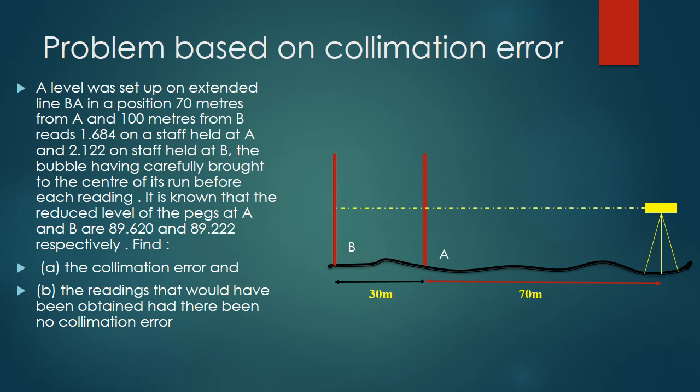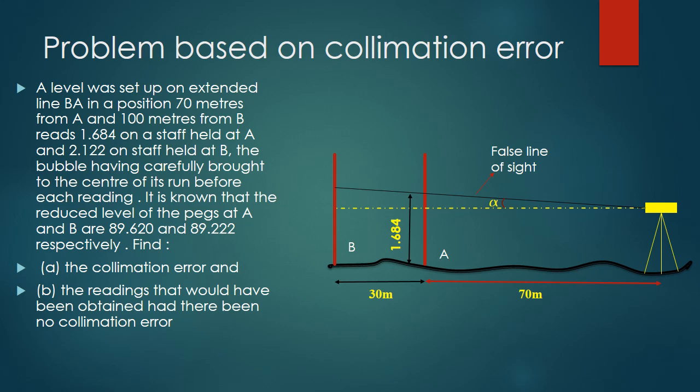This is our line of sight. Now due to some collimation error we will be having a false line of sight, something like this. We do not yet know whether it is inclined upward or downward. However, let us assume that the false line of sight is inclined upward and it is making an angle alpha.